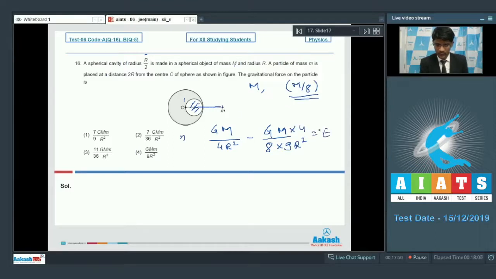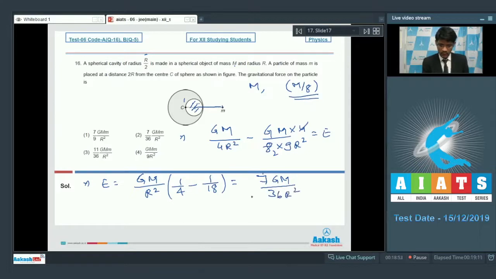This is the effective field at this point. So in this calculation, capital G m divided by r square will be common. So we are left with 1 by 4 here and 1 by 18 here. So this value is coming out to be 7 Gm divided by 36r square.